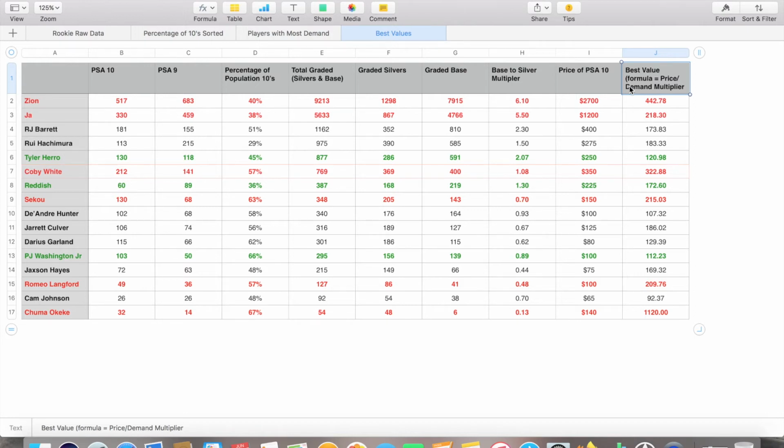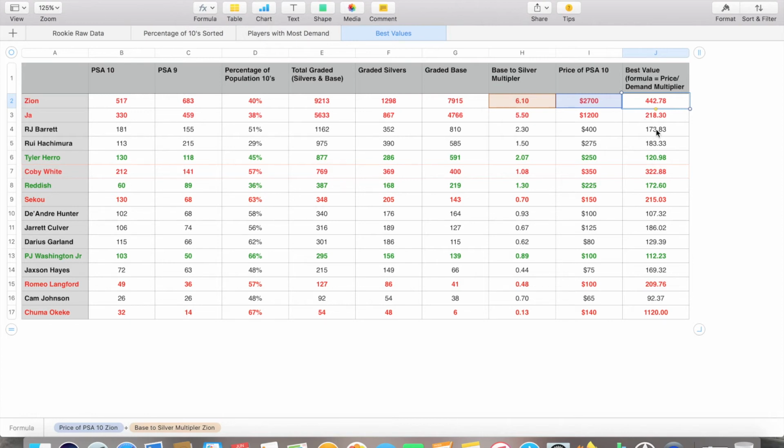Basically, we're trying to get a sense of how expensive they are relative to their demand. So the higher the value that comes out of this formula, the more premium is attached to them, the more expensive of a card or a player they are.